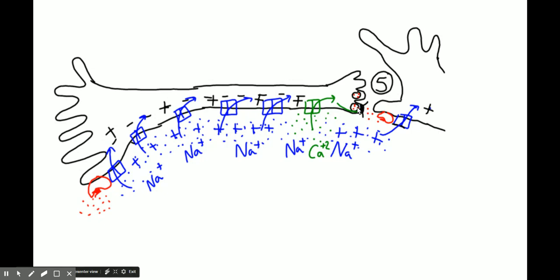So then the neurotransmitters diffuse across the synaptic cleft, and that is our step 5 right here. So calcium flooding, allowing the neurotransmitter membrane to fuse with the outer cell membrane, which causes the release or exocytosis of neurotransmitter chemicals across the synaptic cleft.